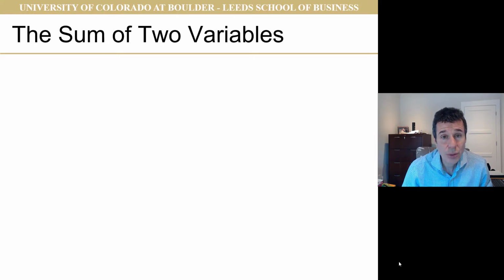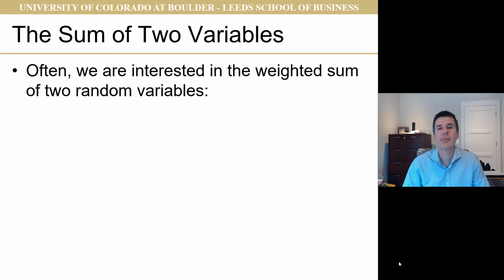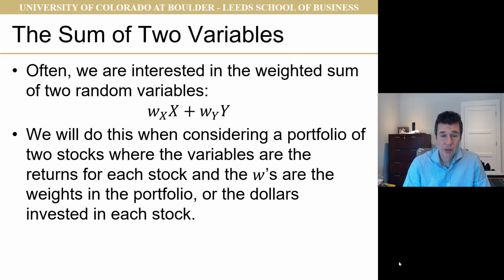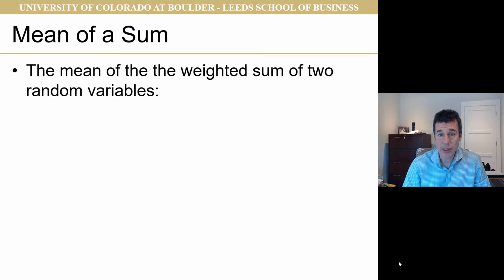Now, for two variables, the example we're going to go to in just a minute is a portfolio, but we're often interested in a weighted sum of two random variables. So w sub x of x plus w sub y of y, where x and y are random variables. Now we can take the mean.